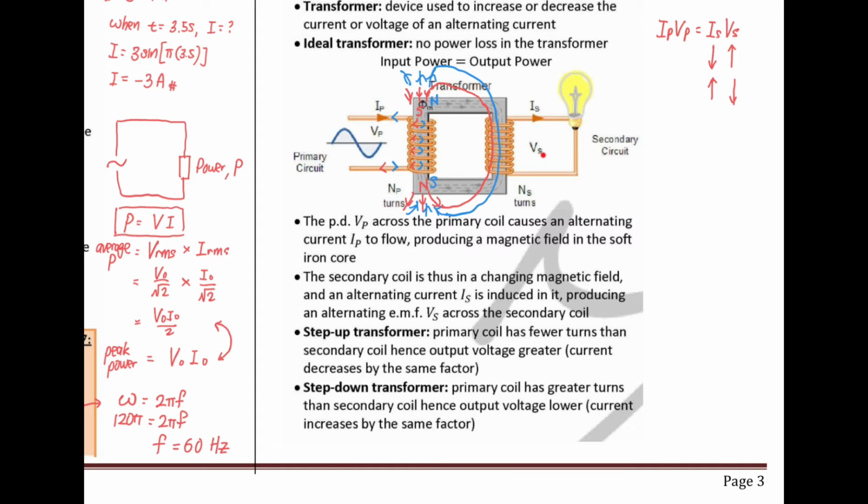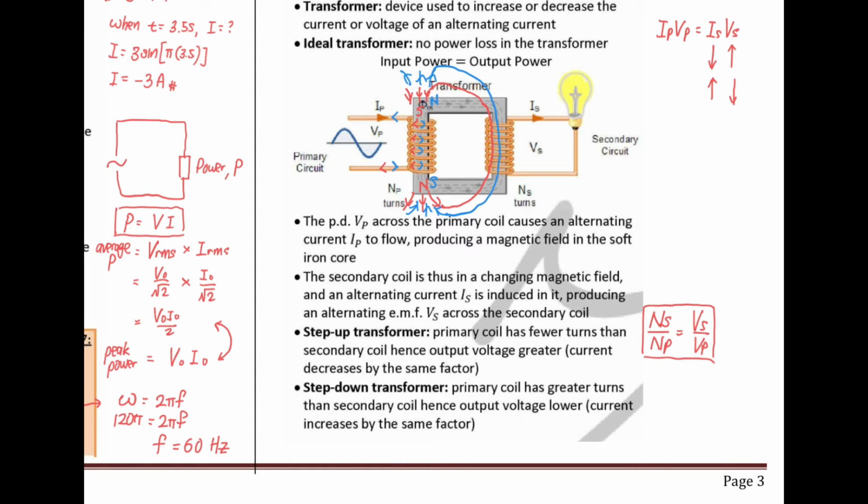Of course, there is a formula, which is like this. They follow a ratio: NS over NP equal to VS over VP. And they follow the ratio.